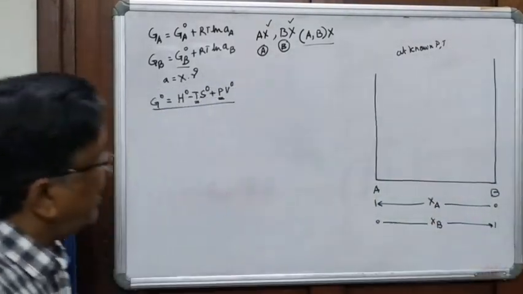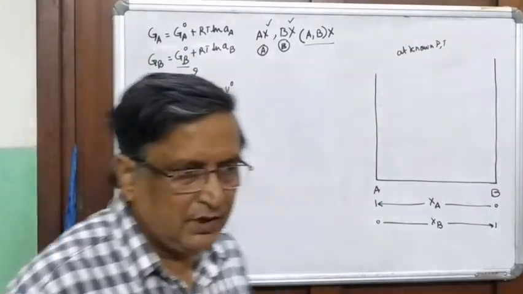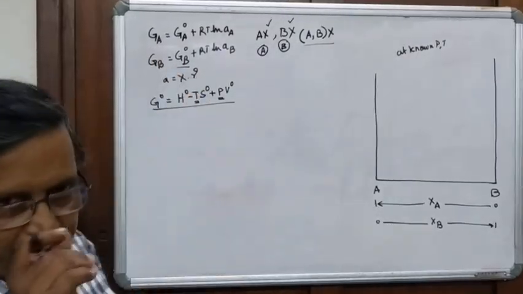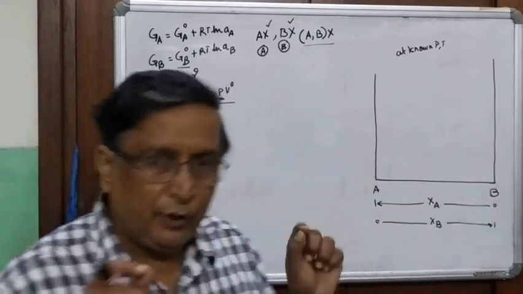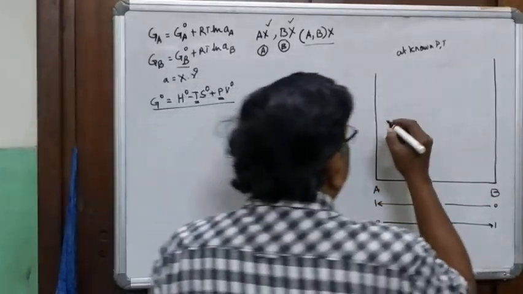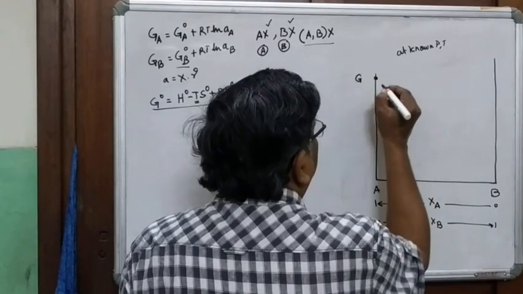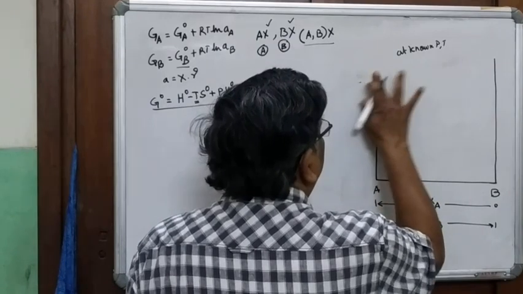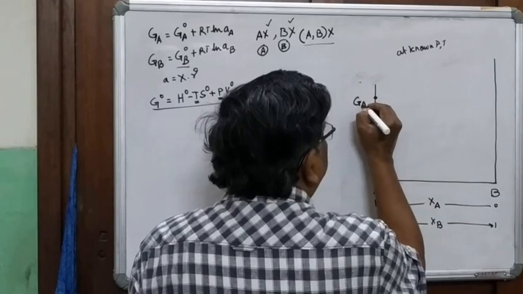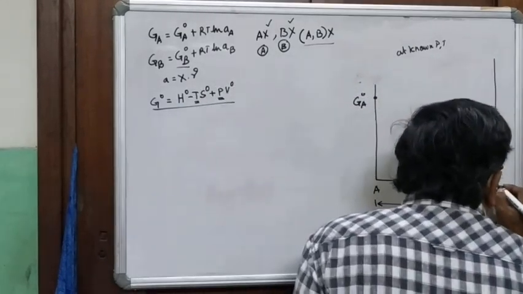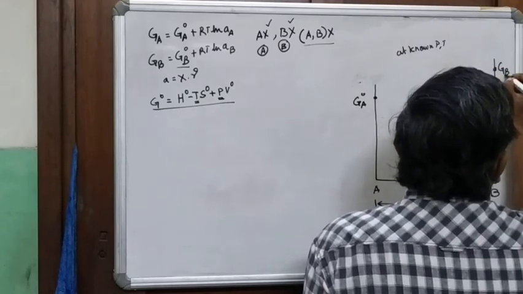Now, for GA0 at a known temperature and pressure, GA0 means of the pure phase. This is A pure, this is B pure. So let's say this is a point where you have GA0, and for B at a particular point you have GB0.